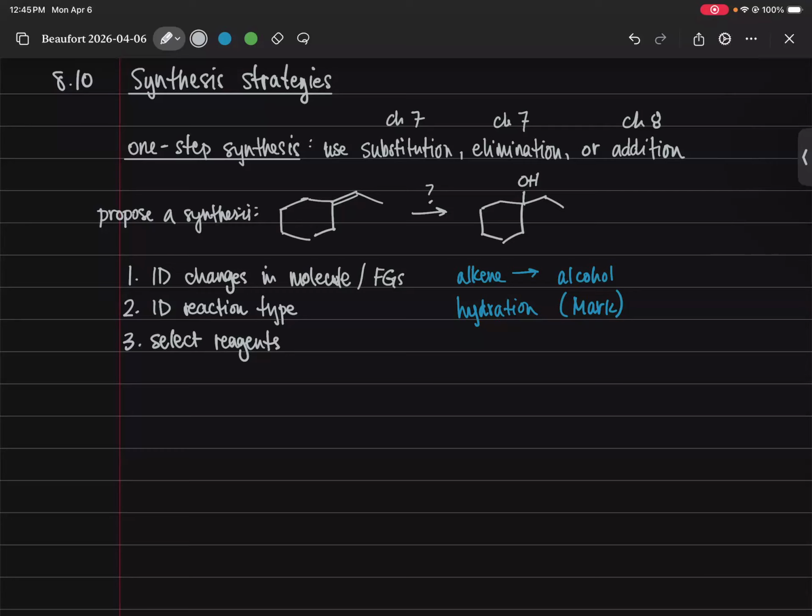All we need to do now is take our identification of the reaction as a Markovnikov hydration and translate that into the reagents that we actually use. So we've actually got three options for Markovnikov hydration reagents.